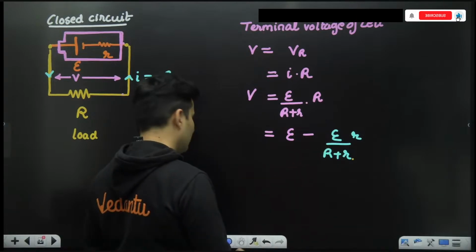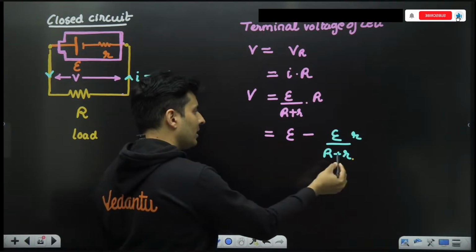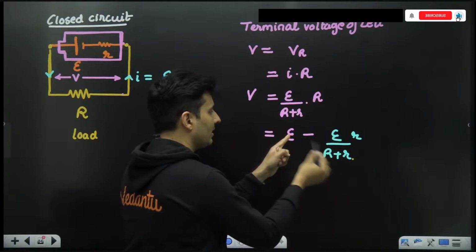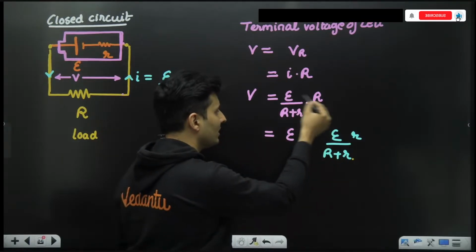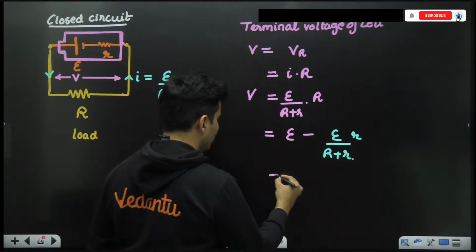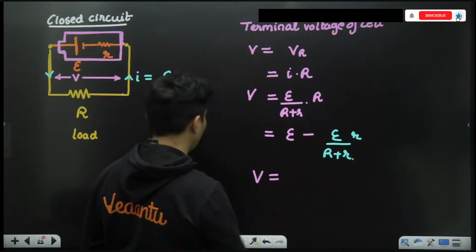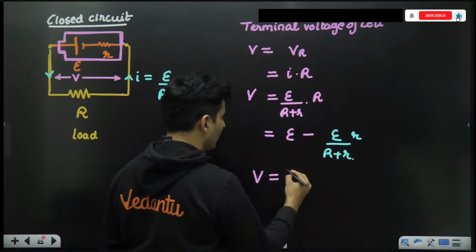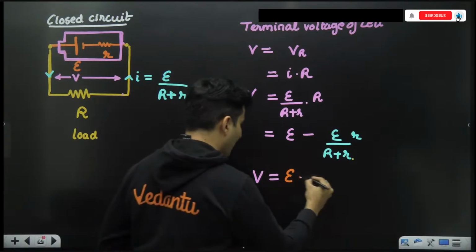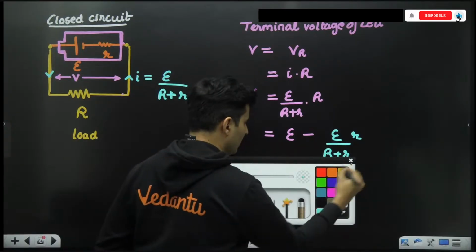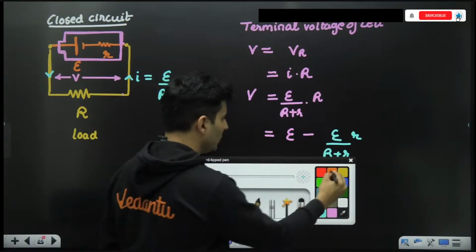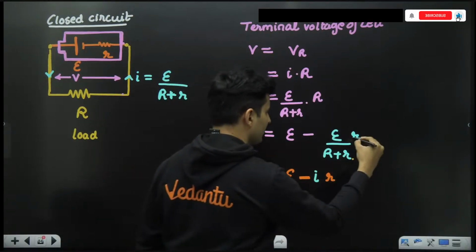If you do the math, the capital R and small r terms will cancel, and we'll get the same thing. So this is the same as saying the terminal voltage is the EMF minus that current which is going in that circuit, into the internal resistance.